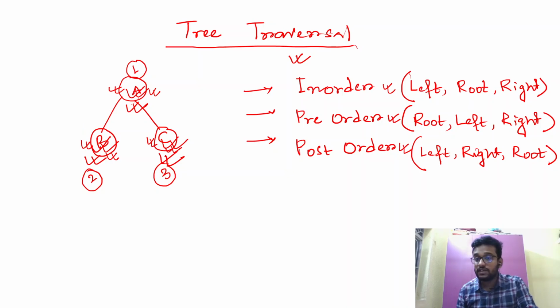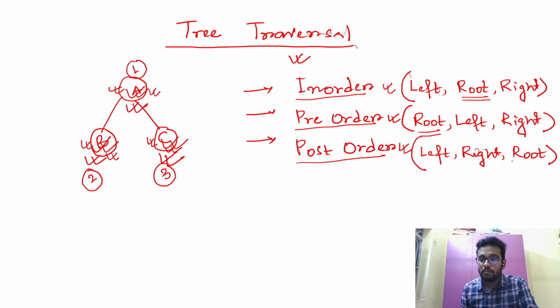Now try to understand one thing here, it's very important: why I have called it in-order, pre-order, and post-order. There is a certain logic. Maybe you have already understood. Look at the position of the root node. By seeing the root node position, we understand whether it is in-order, pre-order, or post-order.